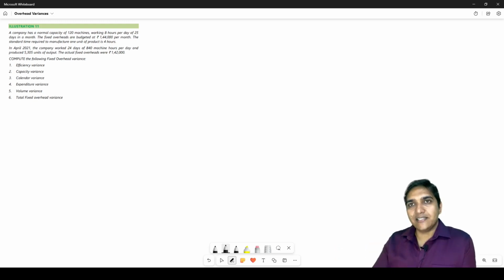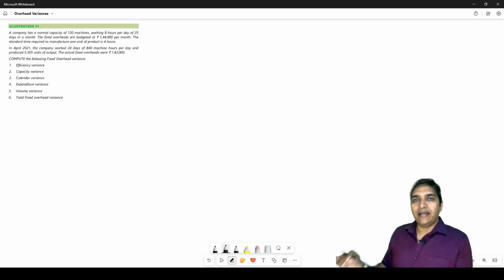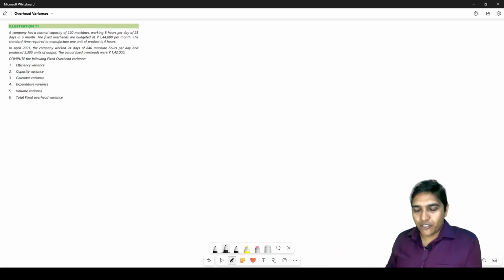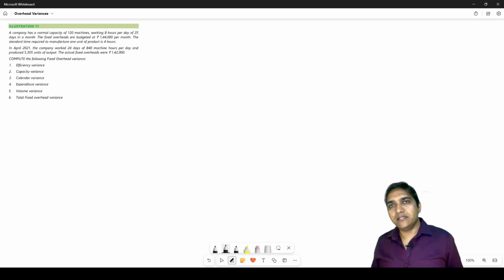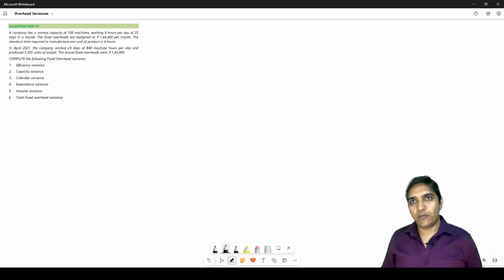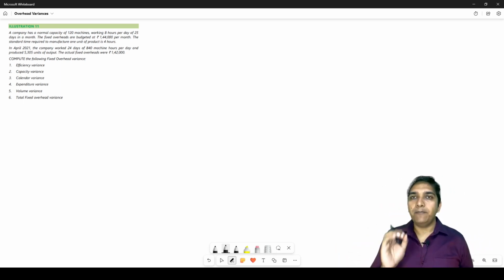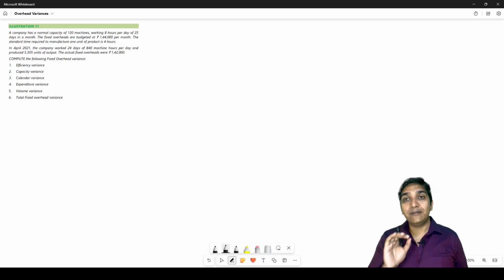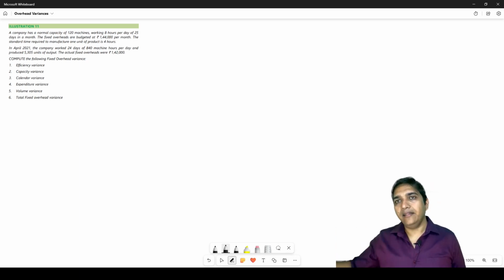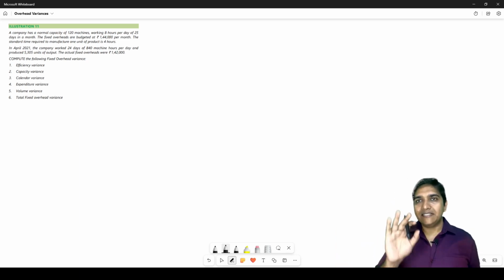Now first, we will write down a table and capture all the information. I had told this previously also, whenever we are doing an overhead problem, whether it be variable overhead or fixed overheads, we will also capture the budget information, then standard, and then the actual. So first let us see budgeted hours.